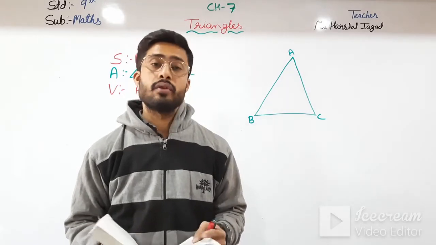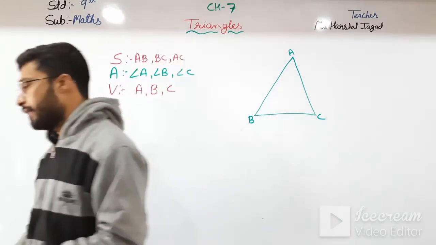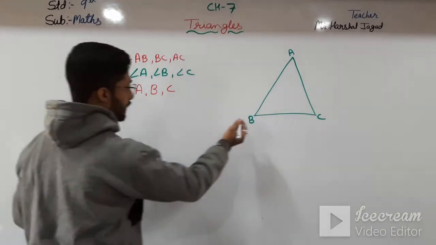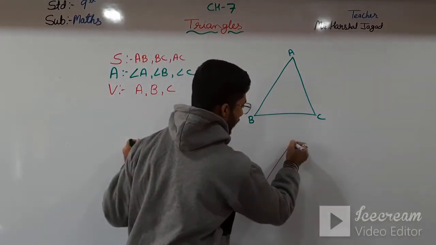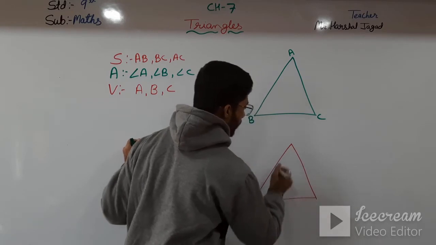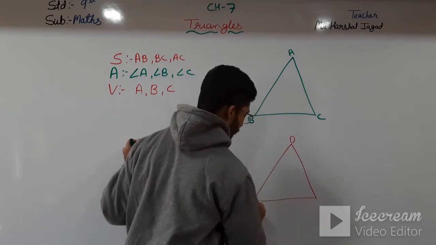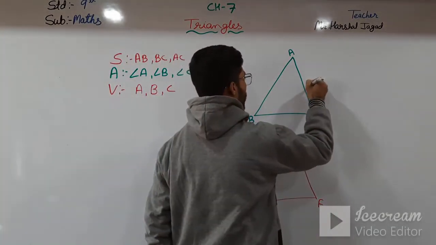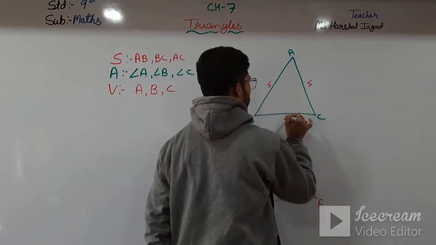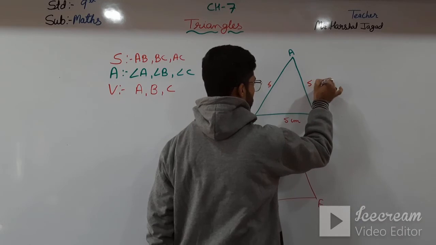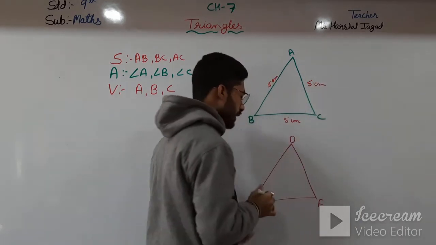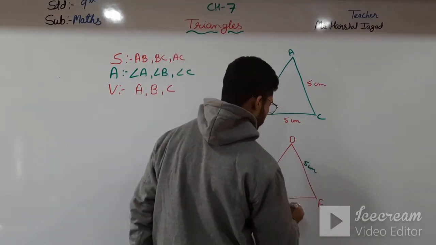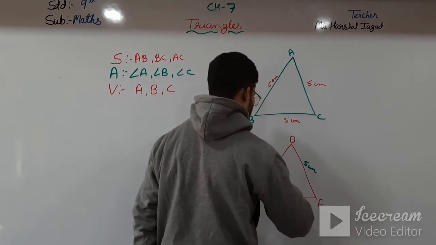If you draw a triangle and another triangle of the same size and shape, this one is D, E, F. The measure of each side here is 5 centimeter, 5 centimeter and 5 centimeter, and here also 5 centimeter, 5 centimeter and 5 centimeter.